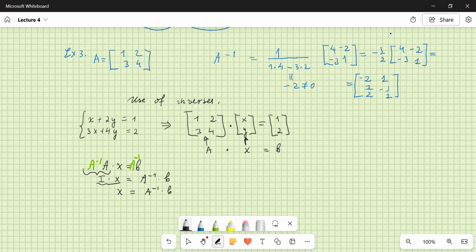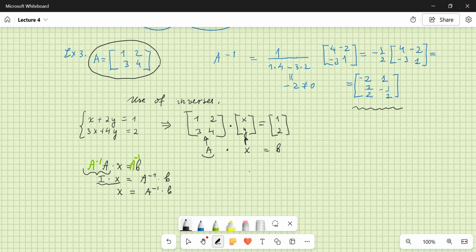Well, let's check if it works. Remember, at the end of the previous part of lecture 4, I was considering matrix A, 1, 2, 3, 4, as my example matrix to build the inverse. If you compare it to the matrix in this example equation, that's exactly the same one, right? So I already know the inverse because I calculated it at the end of the first part of lecture 4. Why don't I try to use it?